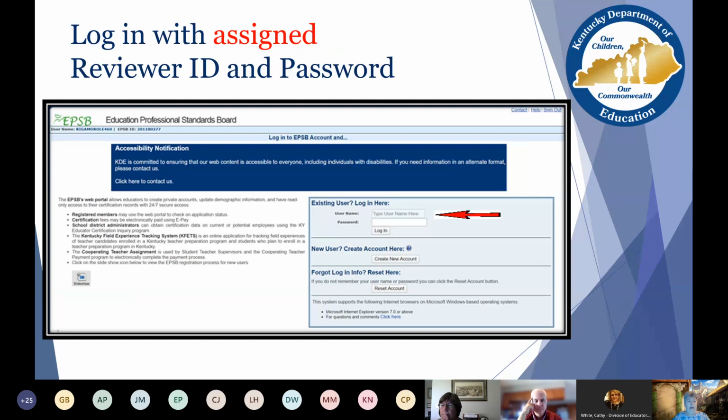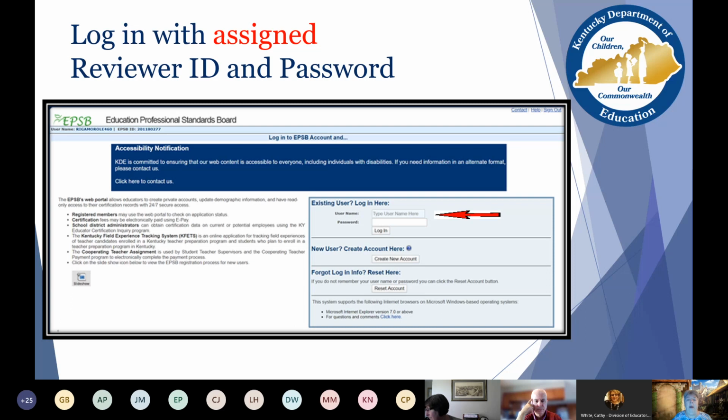When you do that, you'll get to this page. Do not log on as yourself if you have an EPSB account. You will receive an email with specific credentials that you will use in order to log on as a content reviewer.